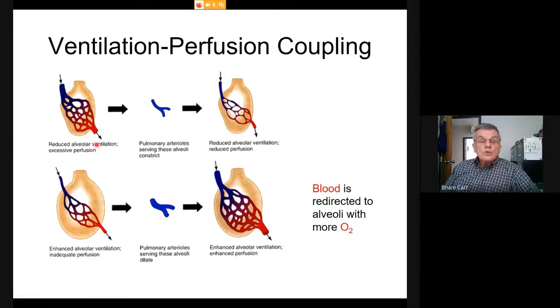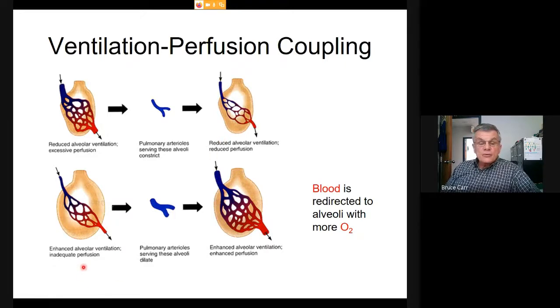So if we reduce ventilation, so we have excessive perfusion, these arterioles will constrict and reduce the flow to this alveolar sac. We talked about the alveolus looking like a bunch of grapes. Well, this is an individual exchange sac.